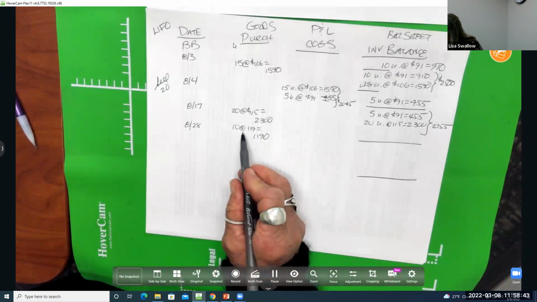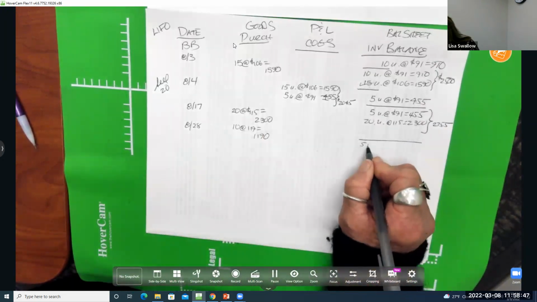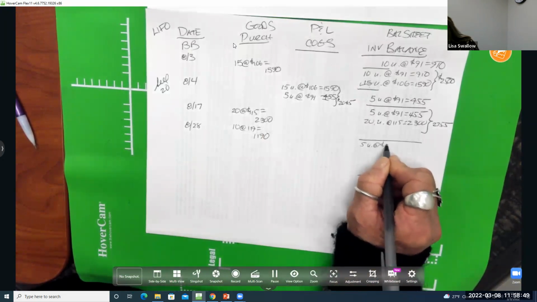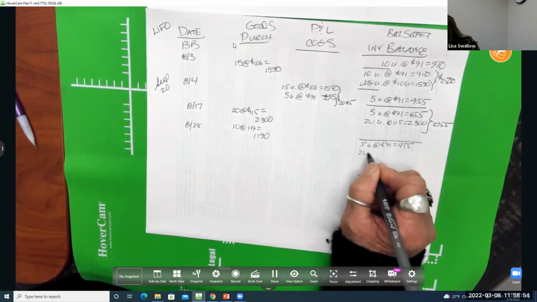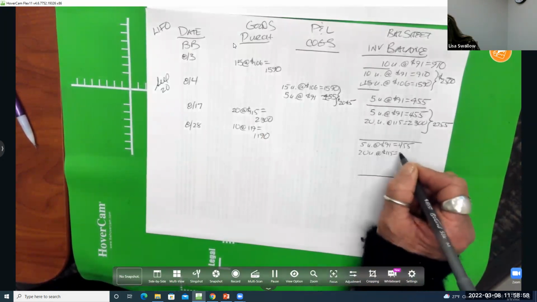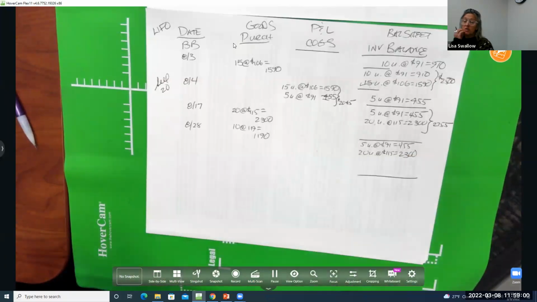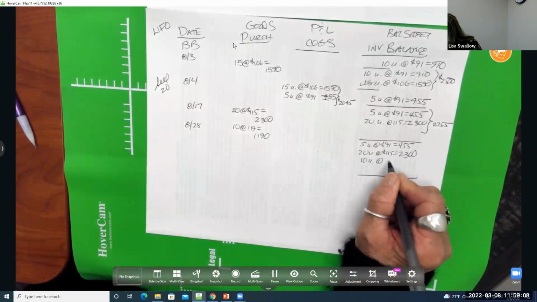And then I added yet another 10, so I've still got these plus the 10. And obviously you have software that does this, but we do this by hand so that you can understand why you would choose one method over the other and what the ramifications are on your financial statements.